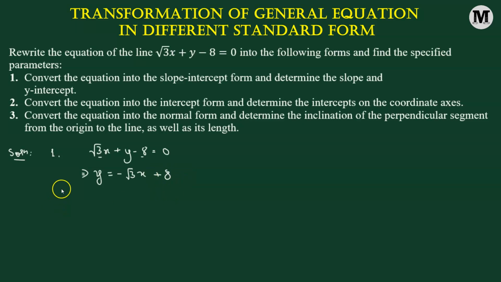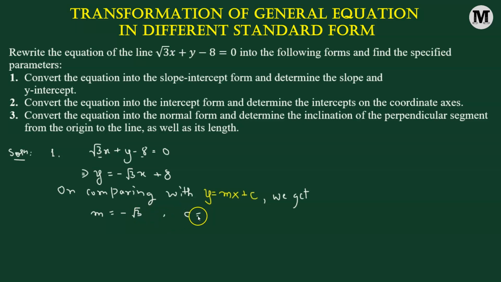Now, on comparing with the slope-intercept form, which is given by y equals m times x plus c, what do we get here? We get the value of m equals negative square root of 3, and c comes out to be positive 8.